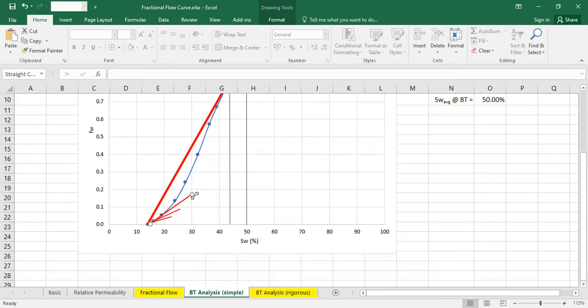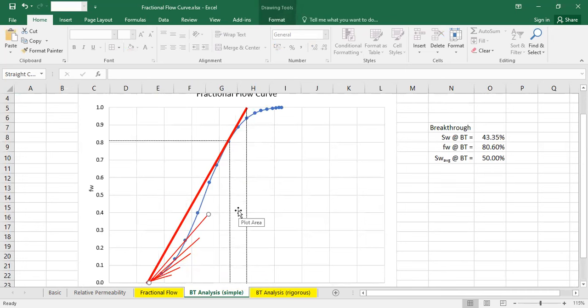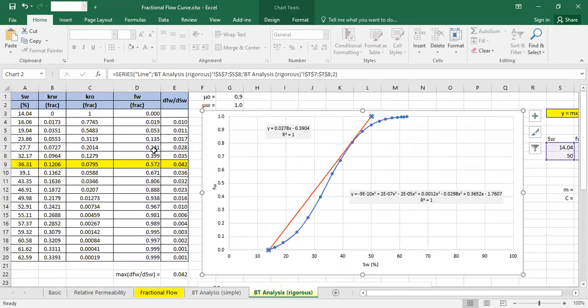You can do that to touch all the points, but of course it's not practical. But if you do it this way, you will conclude that the touching point between the fractional flow curve and the straight line occurs at the highest tangent.